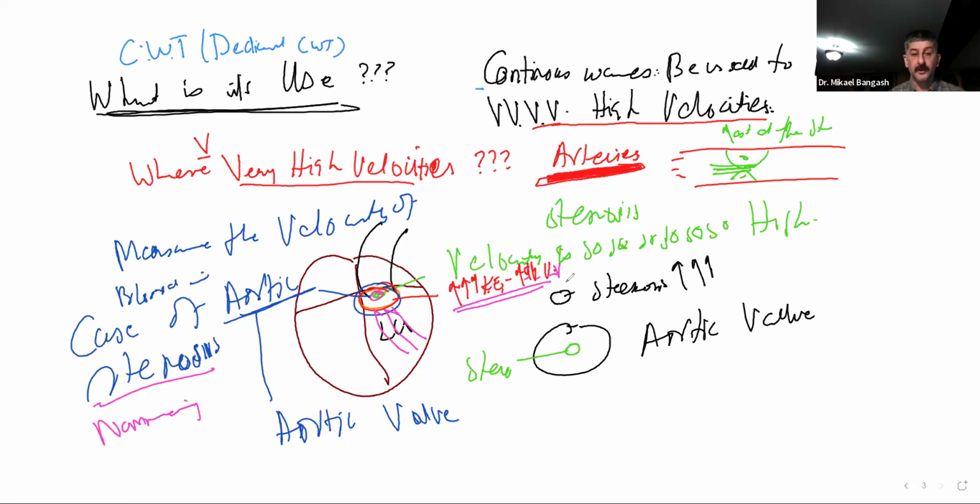It's just going to get even faster than it would in a similar stenosis anywhere else in a blood vessel. Did that make sense?